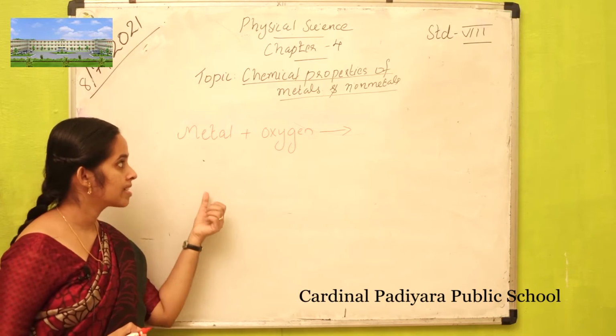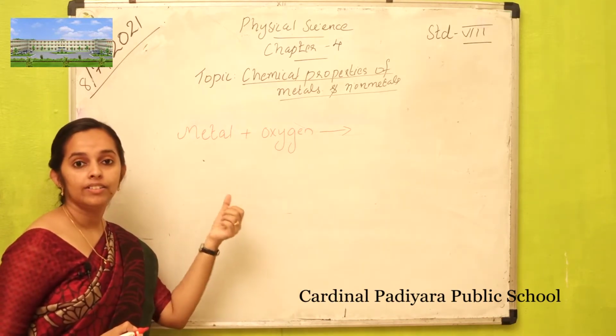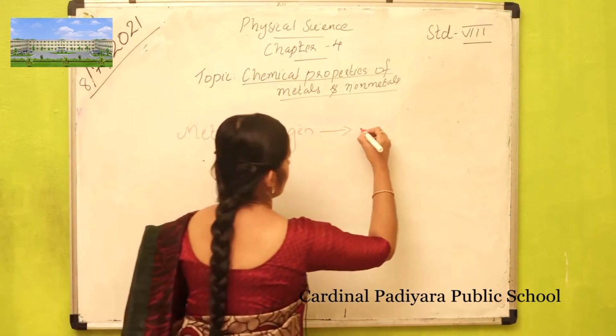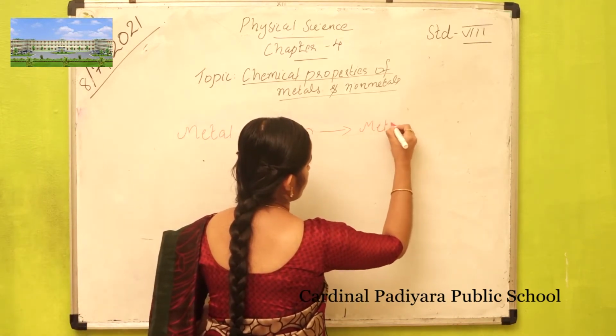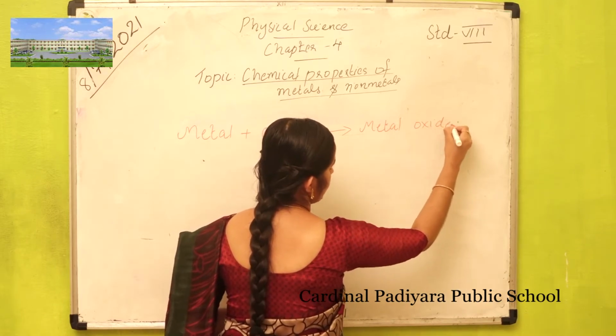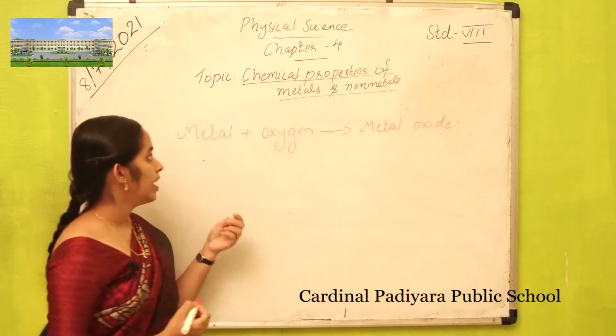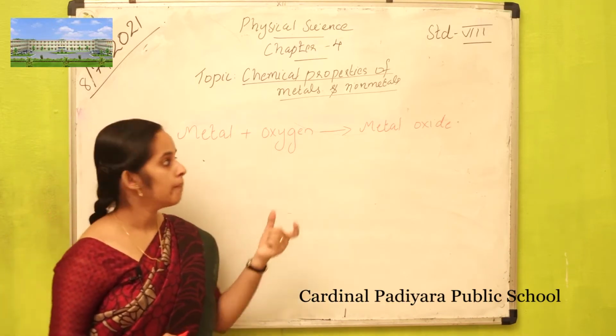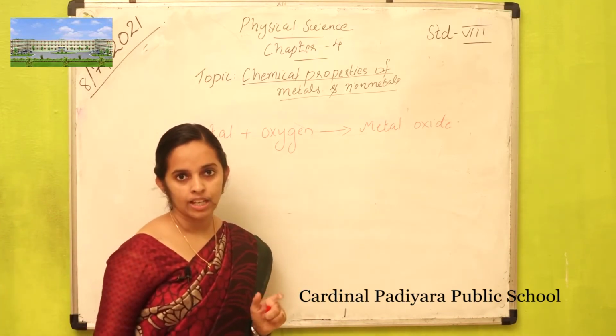When a metal reacts with oxygen, the product formed is metal oxide.